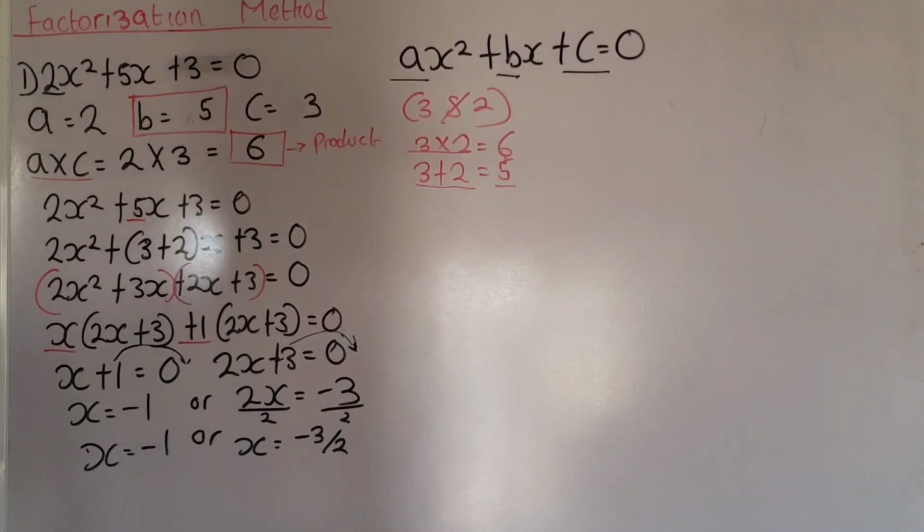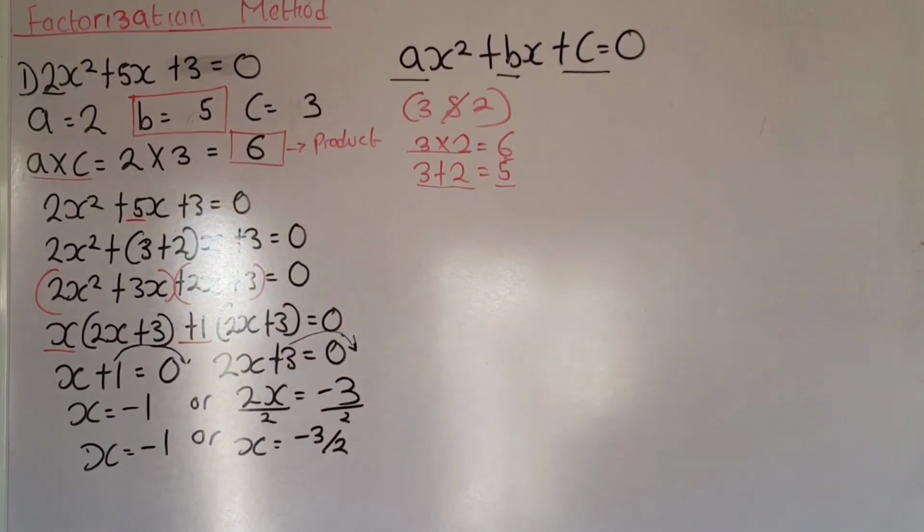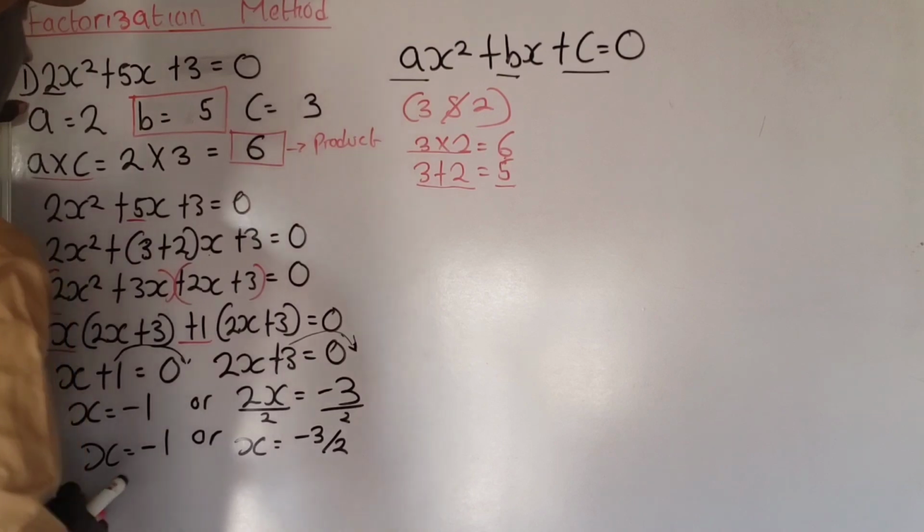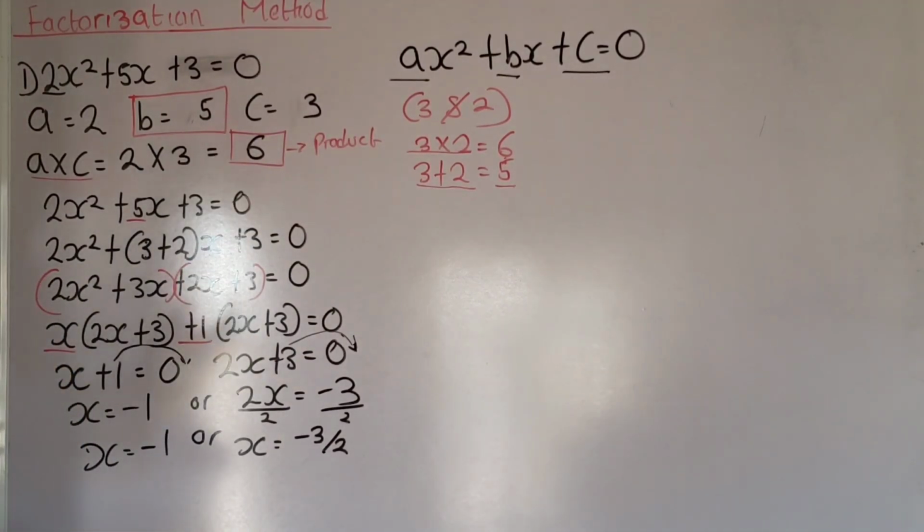I'm very sure you can see that we have two values for a quadratic equation. The highest power of the unknown in a quadratic equation is 2. Hence, the solution to that quadratic equation must be 2 solutions. The roots of this quadratic equation must be 2.